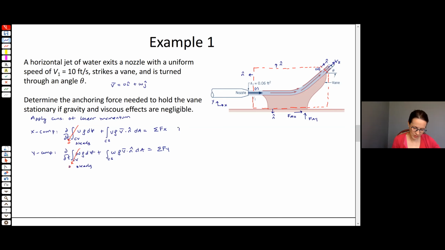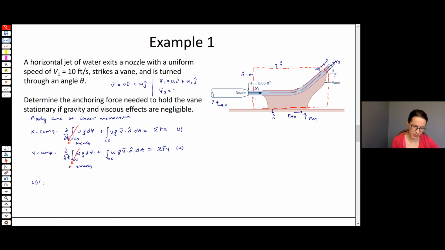So let's call this equation 1, equation 2. So we simplify 1 a little bit. We're looking now at the exit. We've got this V dot n. Looking at the exit, we've got u2, right? So the assumption here is that we've got V1 equals u1 in the i direction plus w1 in the j direction.